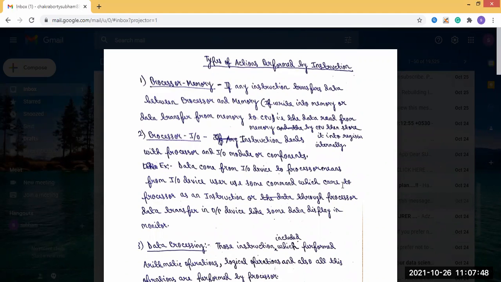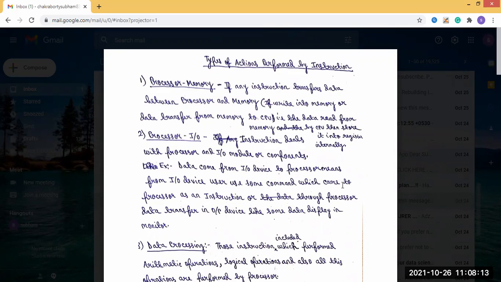If the data is transferred between processor and memory, then either it will be memory write or memory read. Memory write means we write into the memory. Memory read means the data is transferred from memory to the CPU, that is, the data that we are reading from the memory by the CPU.